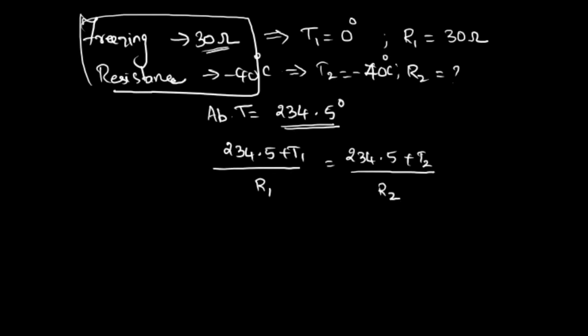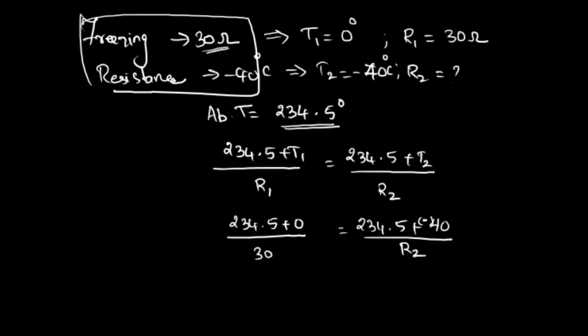On substituting the known values, we have (234.5 plus 0) divided by 30 will be equal to (234.5 minus 40) divided by R2. So the value of R2, on rearranging and simplification, we will get 24.88 ohm.